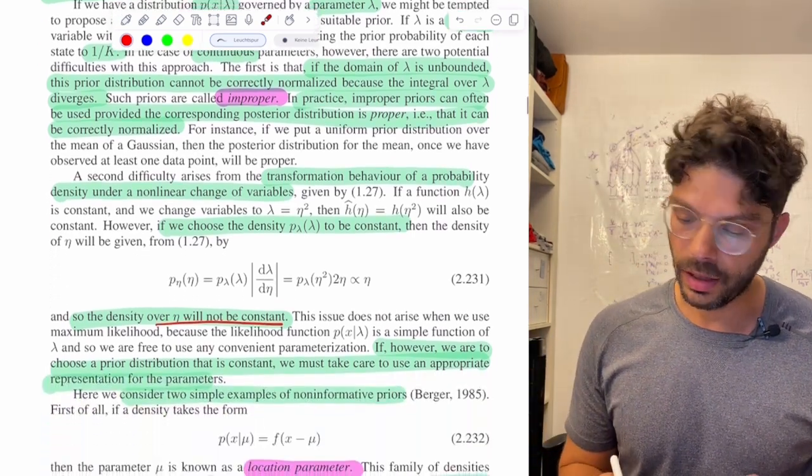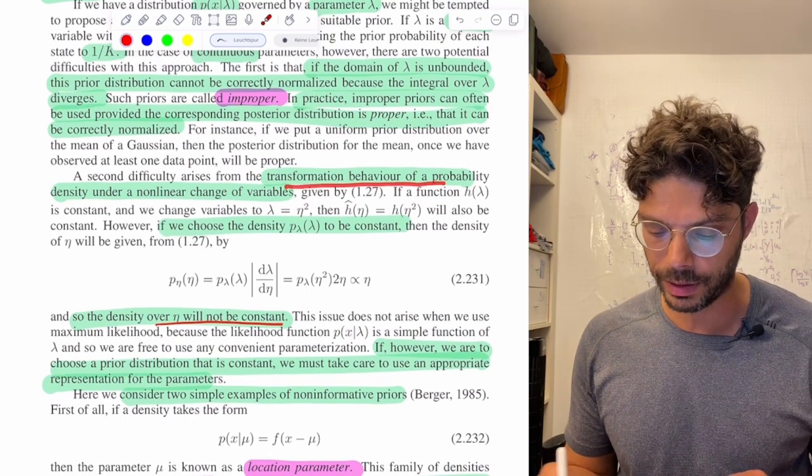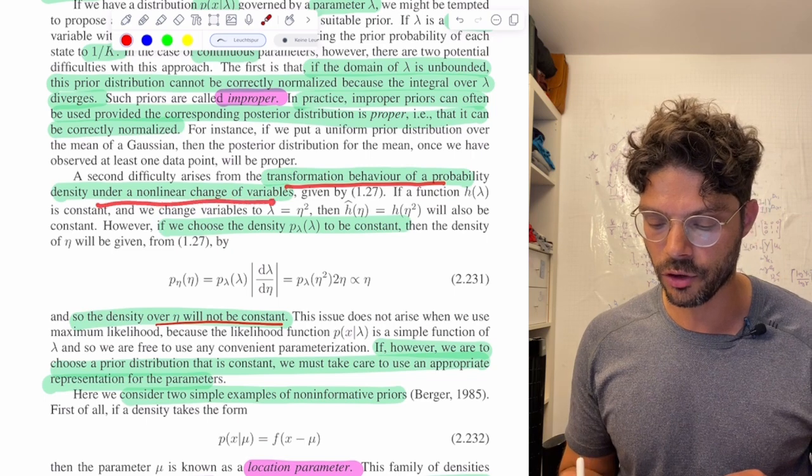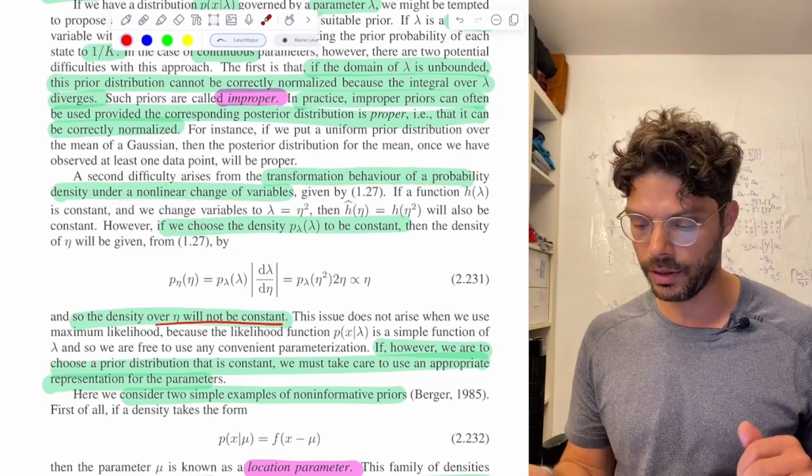Okay. A second difficulty arises from the transformation behavior of probability density under a nonlinear change of variables. You might remember this from 1.27, very important. We'll get a couple of chances to play with it here as well.